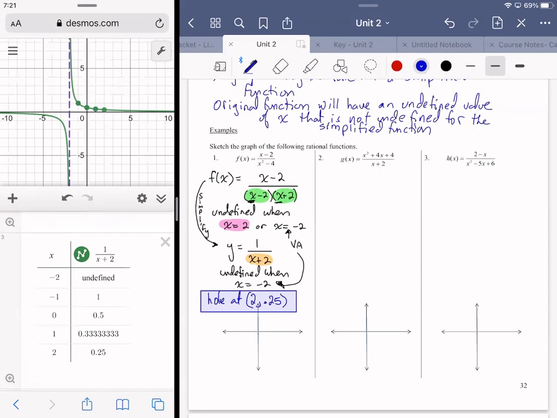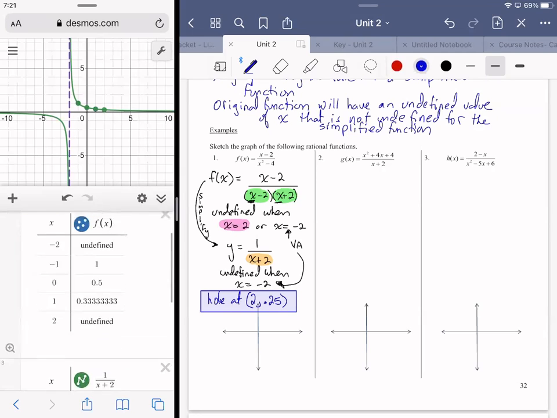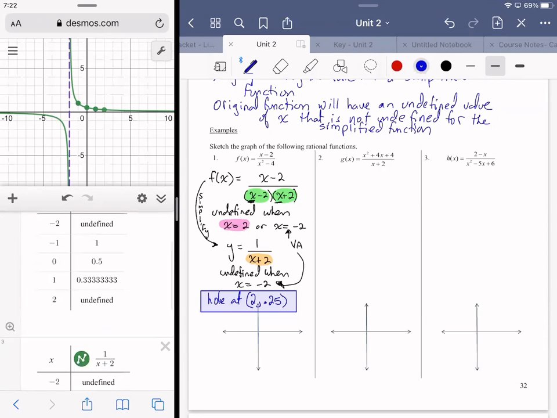Right? If it's undefined in both cases, then it's an asymptote. So if simplifying the function doesn't get rid of the undefined, then it's a vertical asymptote. So we knew it was that way visually, but now we verify it by a table.